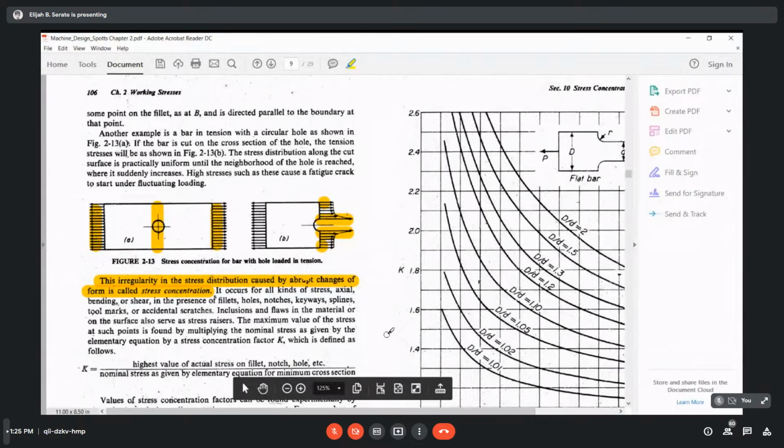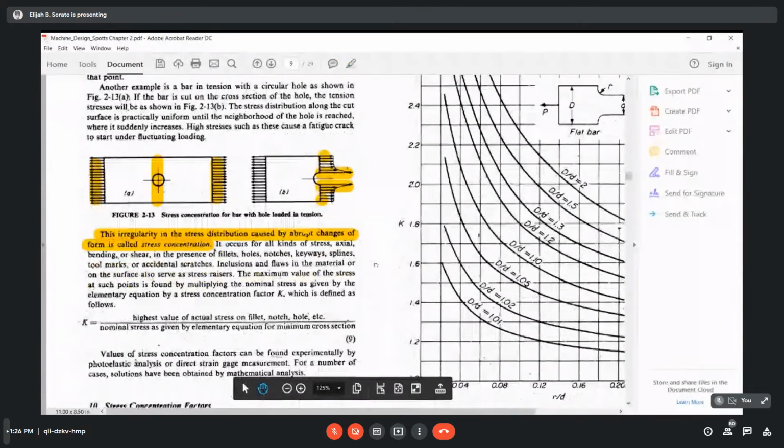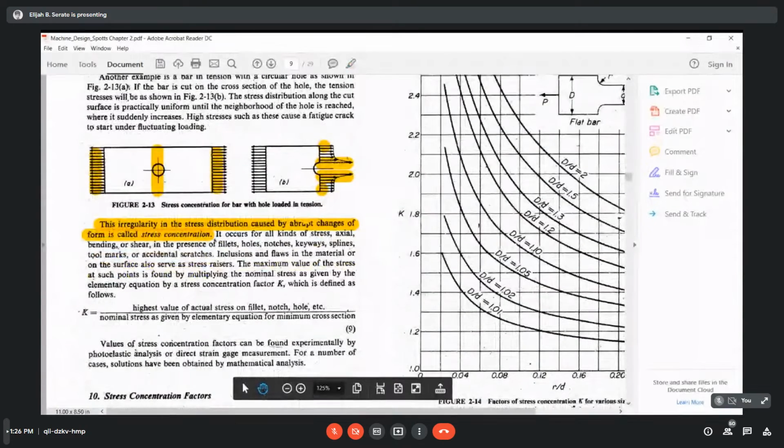So, what is stress concentration? It is better to define it with a formula. The stress concentration factor is equal to the highest value of actual stress at the fillet, notch, or hole, that is, the stress concentration value, divided by the nominal stress given by the elementary equation for the minimum cross-section.